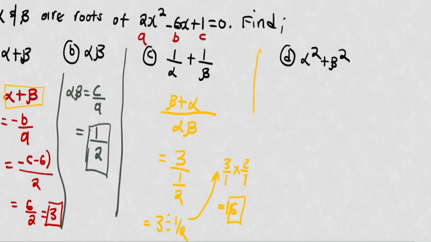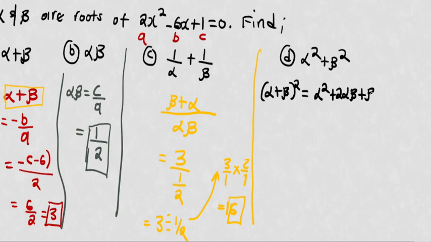Alright, then how do we find this one here? Alpha squared plus beta squared. Now suppose we have alpha plus beta, then we square them. If you square alpha plus beta, you are going to get alpha squared plus 2 alpha beta plus beta squared.